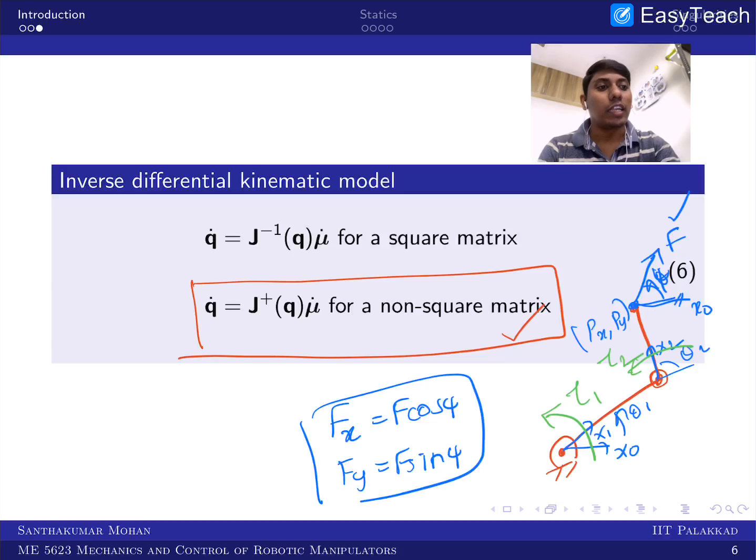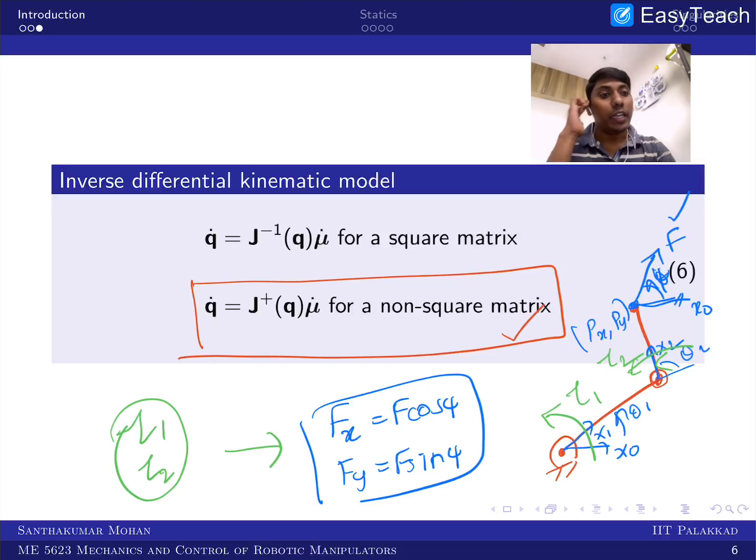Okay, the torque direction I am putting in the positive direction of rotation, but it can be negative or positive based on F. Right now what we are interested to see is what would be tau 1 and tau 2 in order to maintain this.